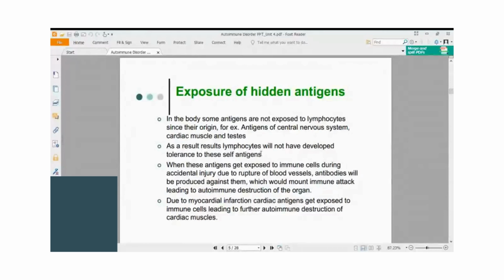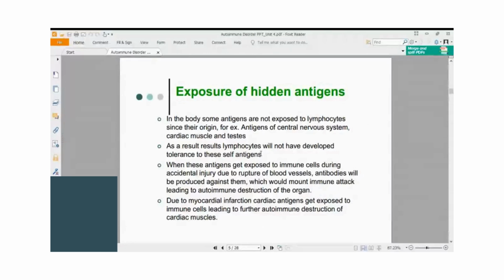Because the blood was not exposed in the brain area earlier. Because of the mechanical injury that has been caused due to the accident, the blood released in that area has now sampled the antigens of the central nervous system. And once it samples the antigen, it will produce antibody against that antigen, because till now lymphocytes were not exposed to that antigen.